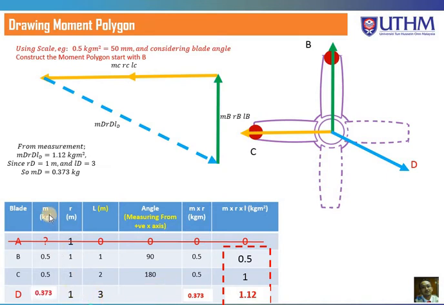So the mass is 0.373 because R is 1 meter. By measuring the angle, you notice that the angle is 333.5, measured from the positive x-axis.